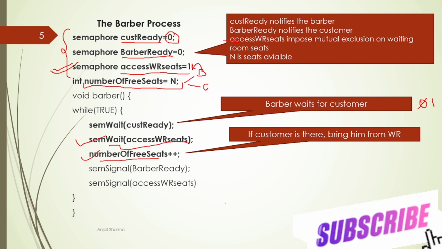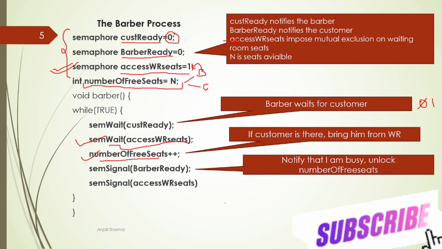After that, the customer gets his hair cut, right? When the barber finishes cutting the hair of the particular customer, it will be notifying everybody that I am busy. Right now I am cutting hair, so I am not free right now.